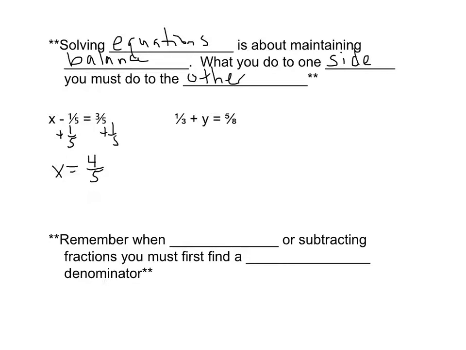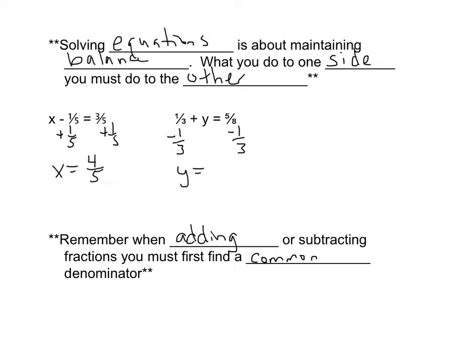Since we have 1/3 plus y, we have to get rid of the 1/3, so I'm going to subtract 1/3 from both sides. So y is going to equal, now here, if you look at the bottom, remember when we are adding or subtracting fractions, you must first find a common denominator.